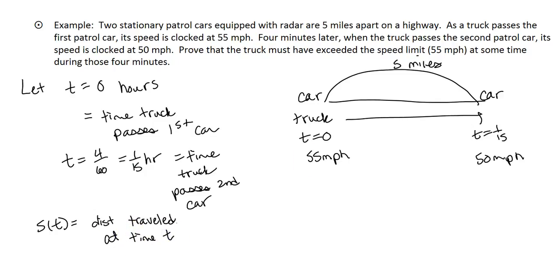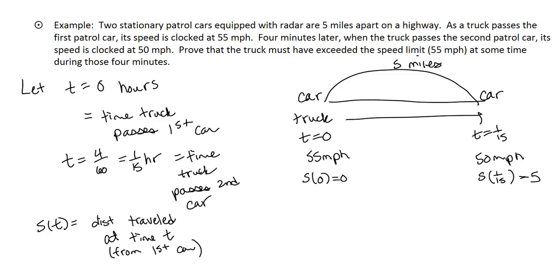So at this point, this is going to be the distance from the first car. So we're going to call s of 0, 0, and we're going to call s of 1 over 15, 5, because he's traveled 5 miles since the first car.